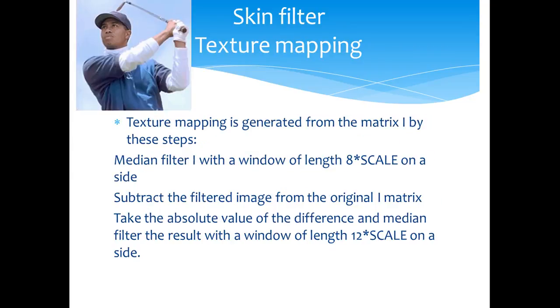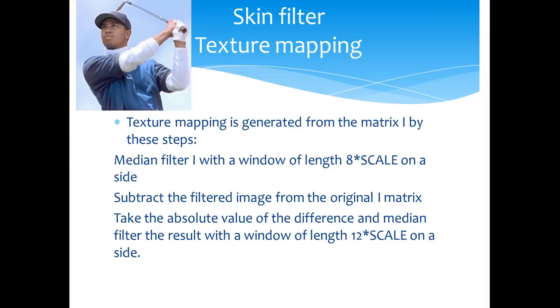This picture of a man with his golf club in his hand is the picture I used as a test in my project. The first thing I do for this picture is give it a textural mapping. A textural map is generated from the matrix I by these steps.